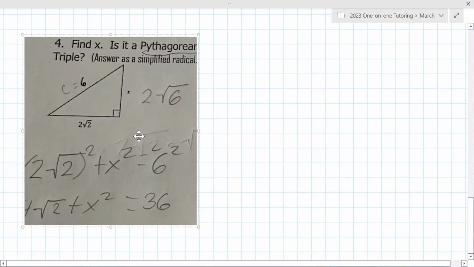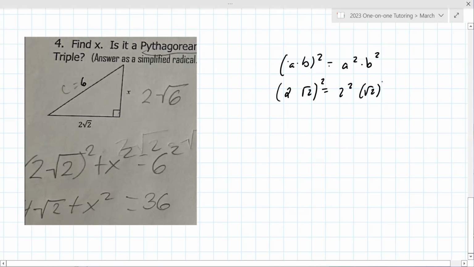Totally perfect. Now, whenever you have 2 things inside a square, you have to square both of them. So in this case, a is 2, so that's 2 squared. B is the square root of 2. So you're squaring a square root, and when you square a square root, these undo each other. So the result is just 2.